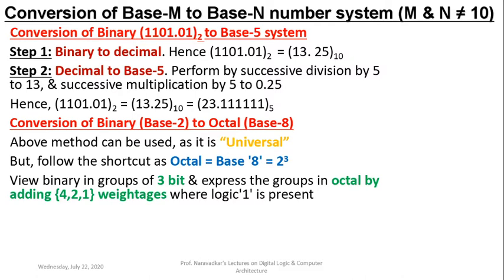Every given binary might have an integer part and a fractional part, meaning a few digits on the left side and a few digits on the right side of the binary point. With reference to that binary point, we start making groups of 3 bits each and express those groups using an octal equivalent digit by using the 4, 2, 1 weightages. Take one example here.